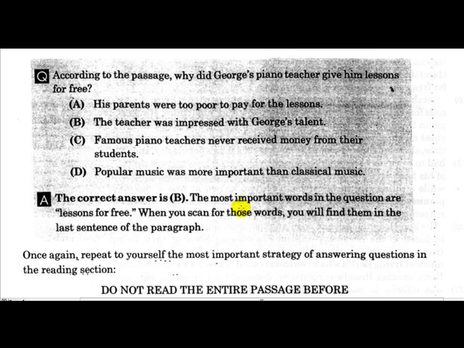When you scan for these words, you will find them in the last sentence of the paragraph. Once again, repeat to yourself the most important strategy of answering questions in the reading section. Do not read the entire passage before you answer.